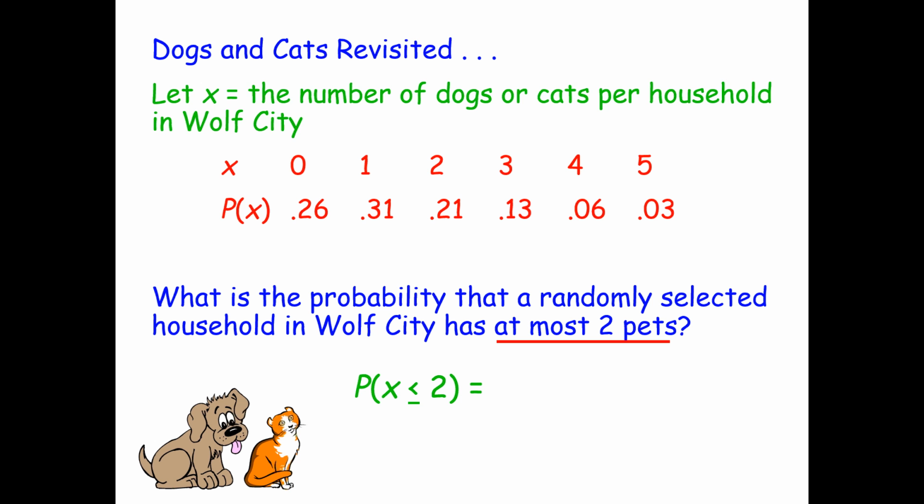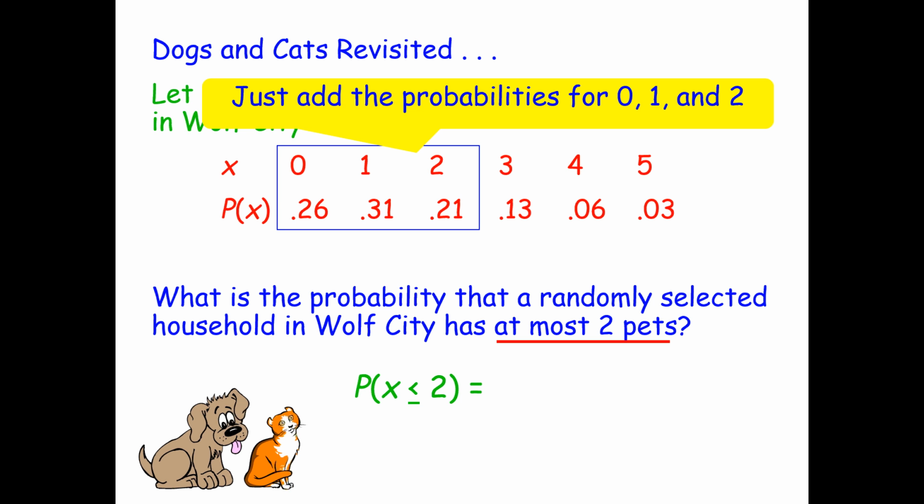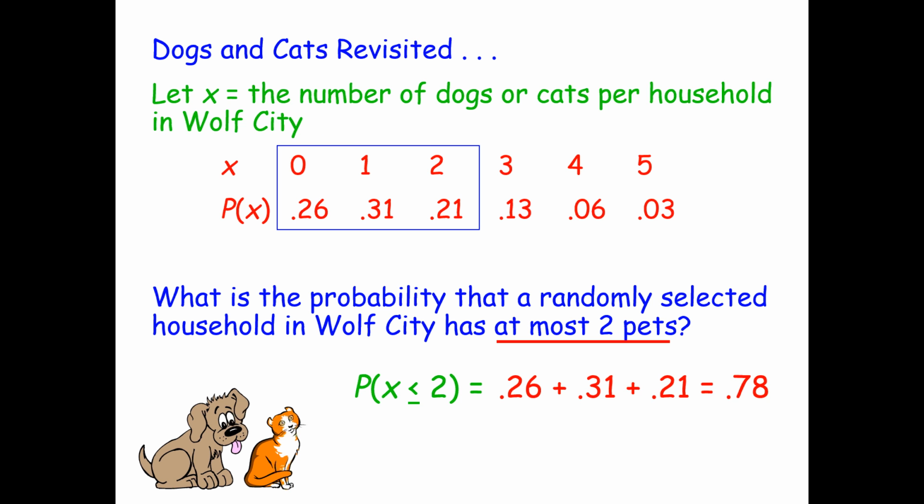Well, that means that it could be 0, 1, or 2. So all we need to do is add the probabilities of 0, 1, and 2, which gives us 0.26 plus 0.31 plus 0.21, which equals 0.78. So the probability that a randomly selected household in Wolf City has at most 2 pets is about 78%.